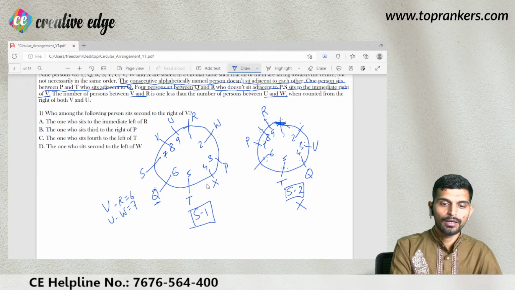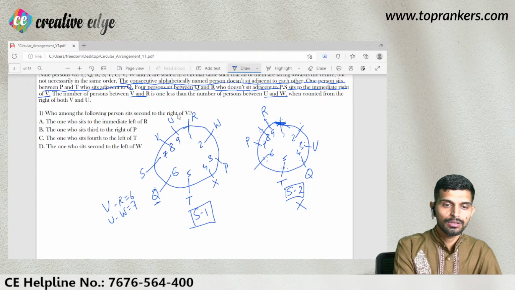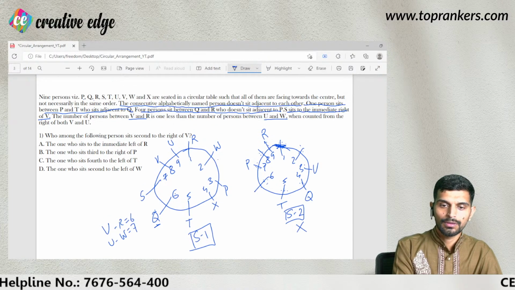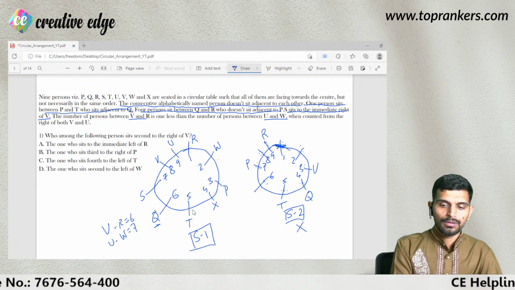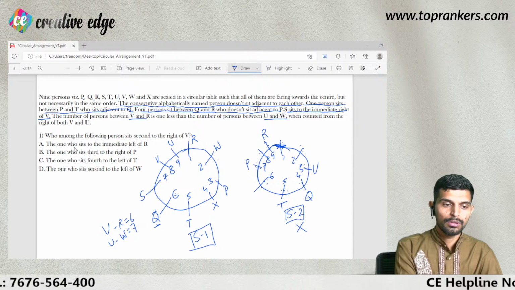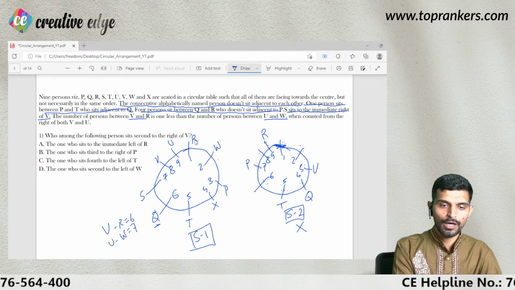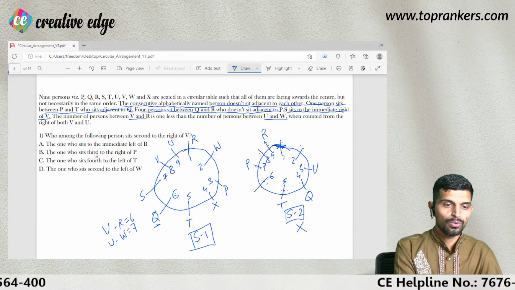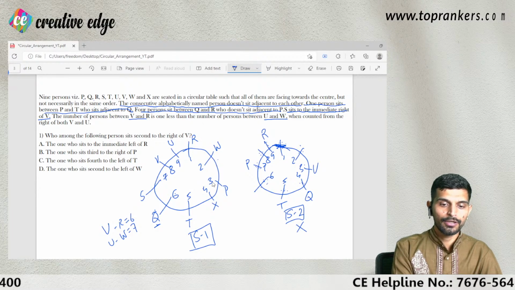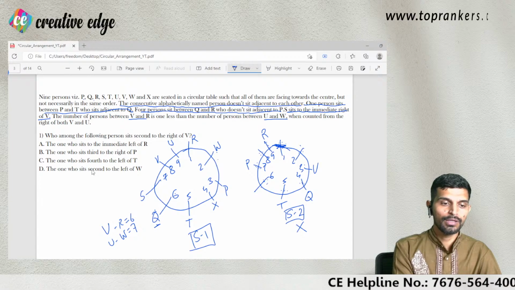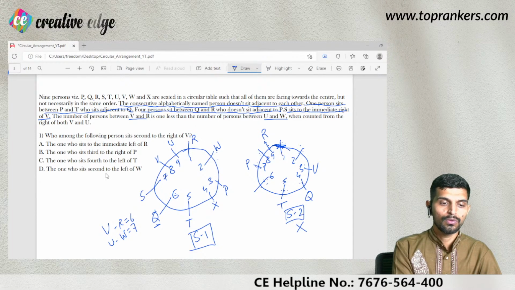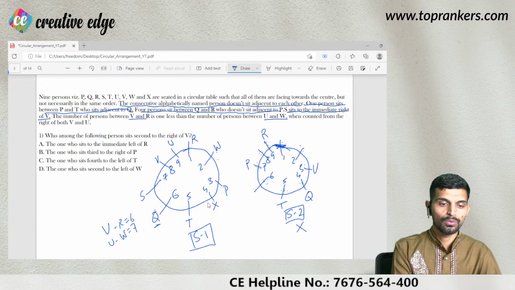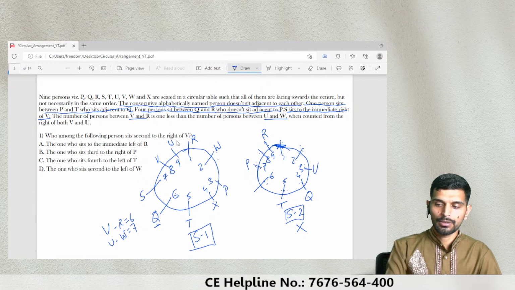Right? And if we talk about this Q, one who sits immediate to the left of R is W, one who sits third to the right of P, first, second, third to the right of P, one who sits fourth to the left of T, one, two, three, four, one who sits second to the left of W, first, second.